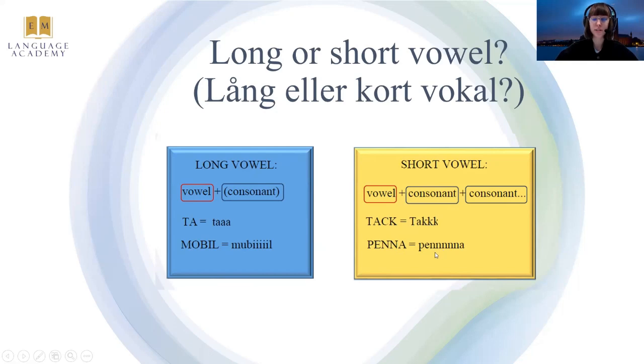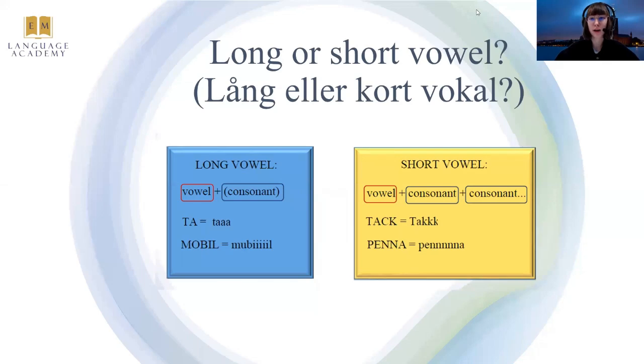What I'm doing here, it's as if I'm accentuating the consonant. I'm stressing the consonant instead of the vowel. So the vowel then becomes short. Tack. It's as if I'm making a short pause on the consonant as well. Tack, penna, right? And these are two rules in order to know whether we have a long vowel or a short vowel.